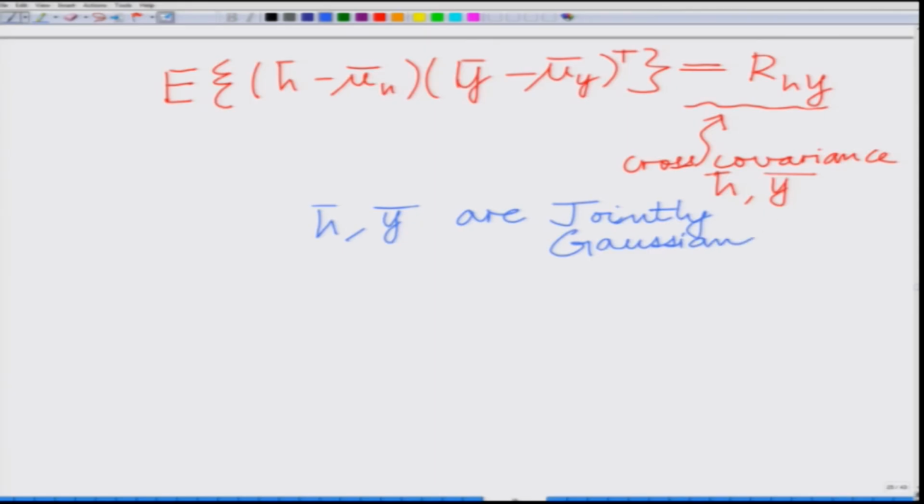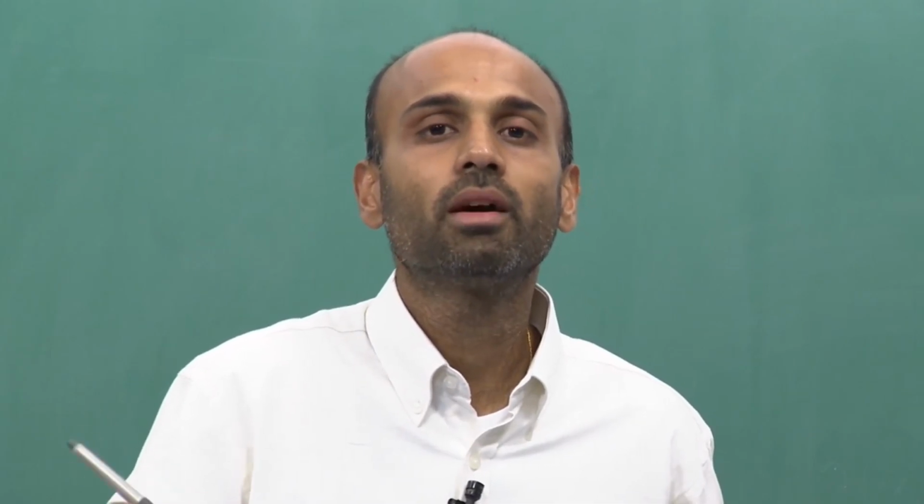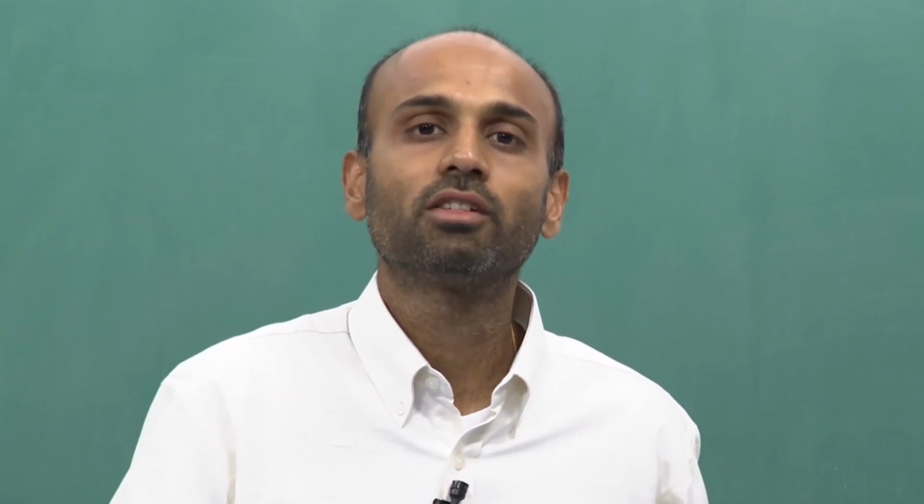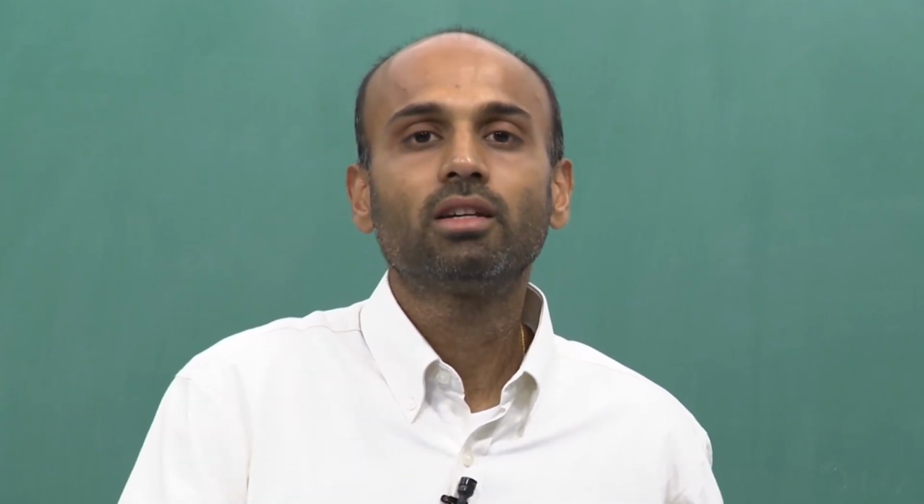Now, in this scenario, the vector estimate h hat, which is also the conditional mean of the parameter vector h bar given the observation vector y bar, is given as follows. Instead of the small r h y and small r y, I am going to replace the variances and covariances by the cross covariance matrix and the covariance matrix respectively. That is a relatively simple and straightforward extension of the scalar scenario to the vector scenario.